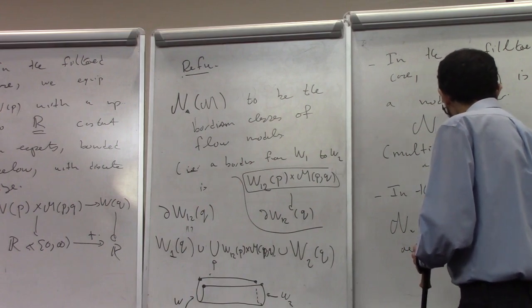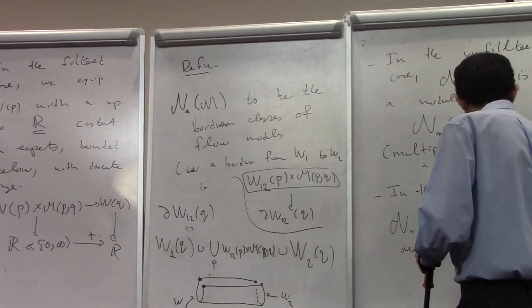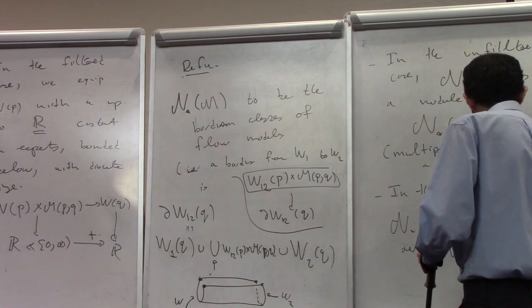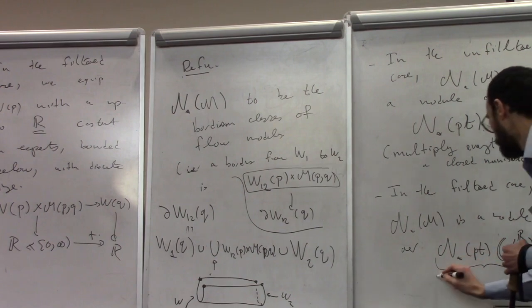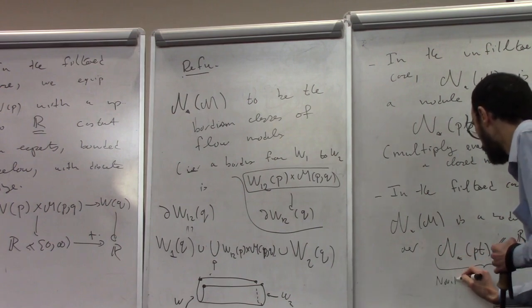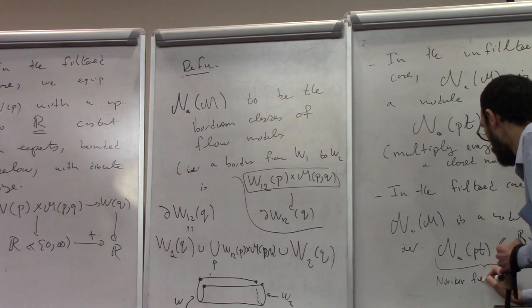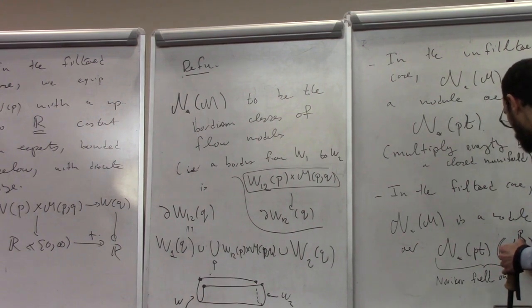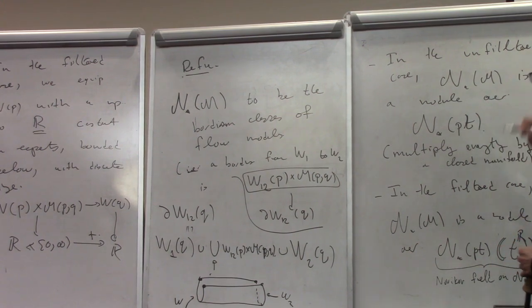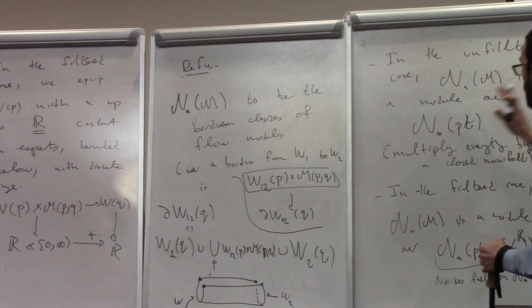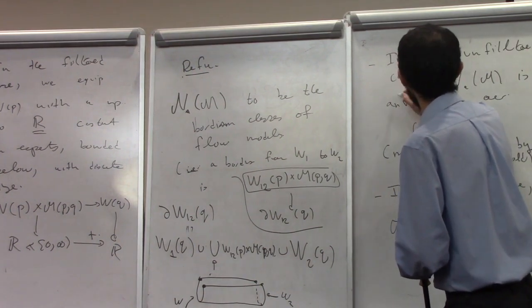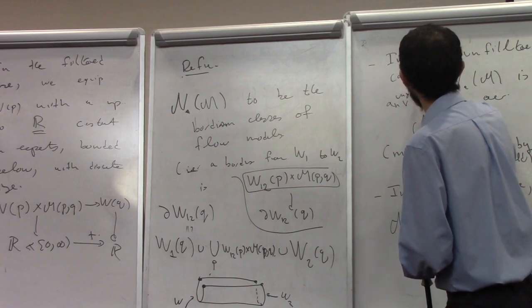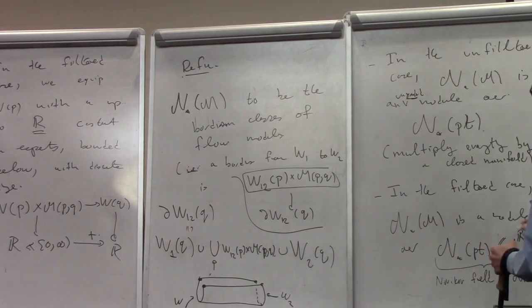It's a module over the Novikov ring, like a Novikov field, on the bordism group. It is, in fact, an ungraded module, isn't it? Because I didn't say anything about grading yet. Okay. And this is ungraded.